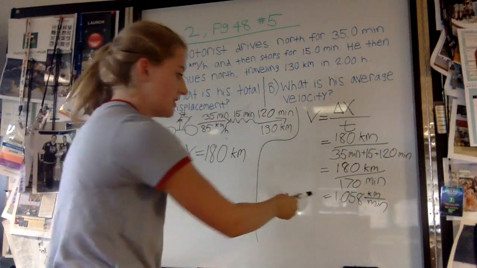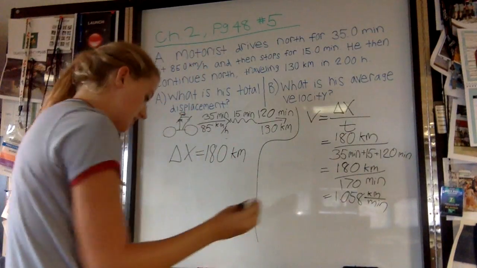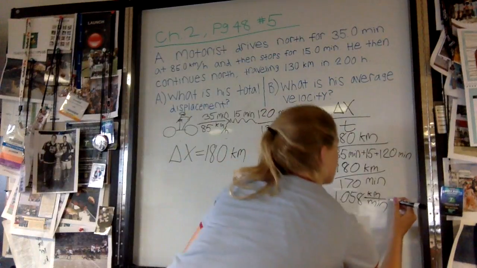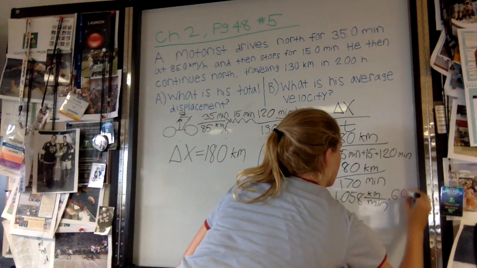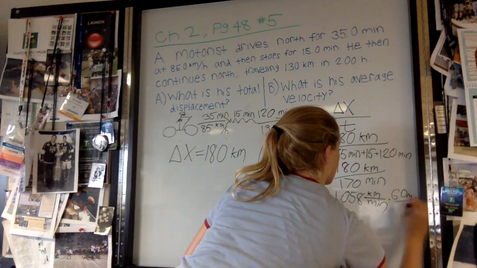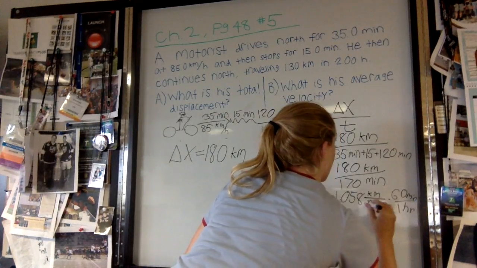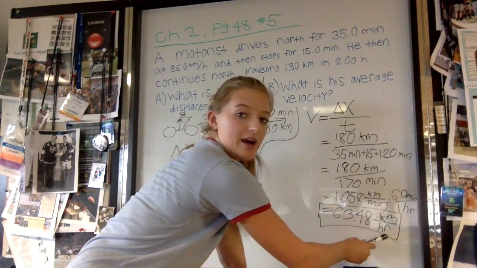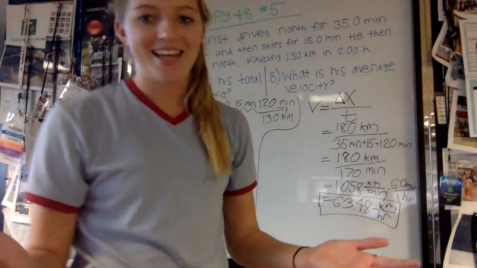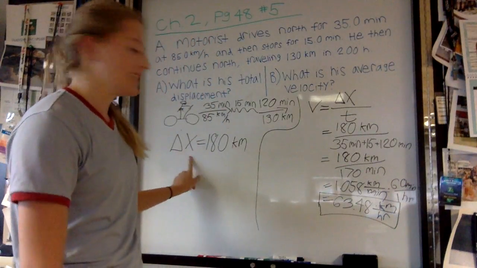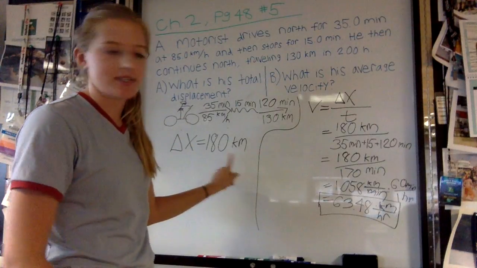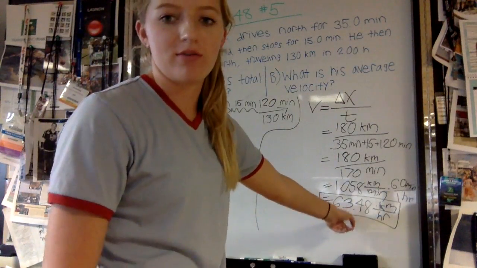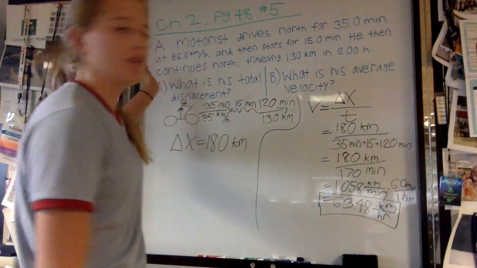But the book wants the answer in hours, so to simplify it to hours, we multiply 60 minutes over 1 hour, cancel the unit. Okay, so that is 63.48 kilometers per hour. And so that is how you find the displacement of 180 kilometers and the velocity of 63.48 kilometers per hour of our motorist.